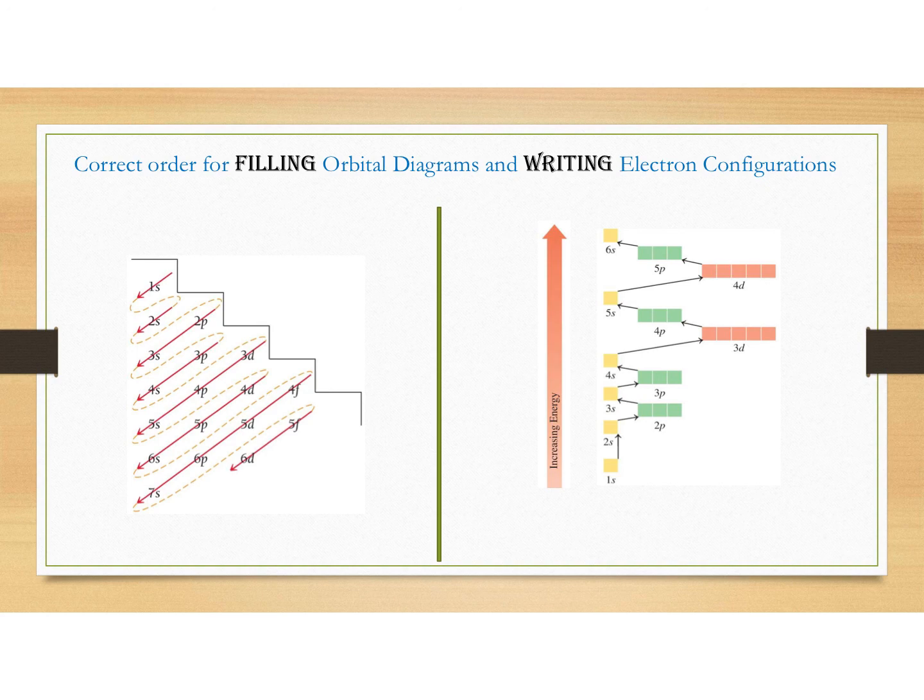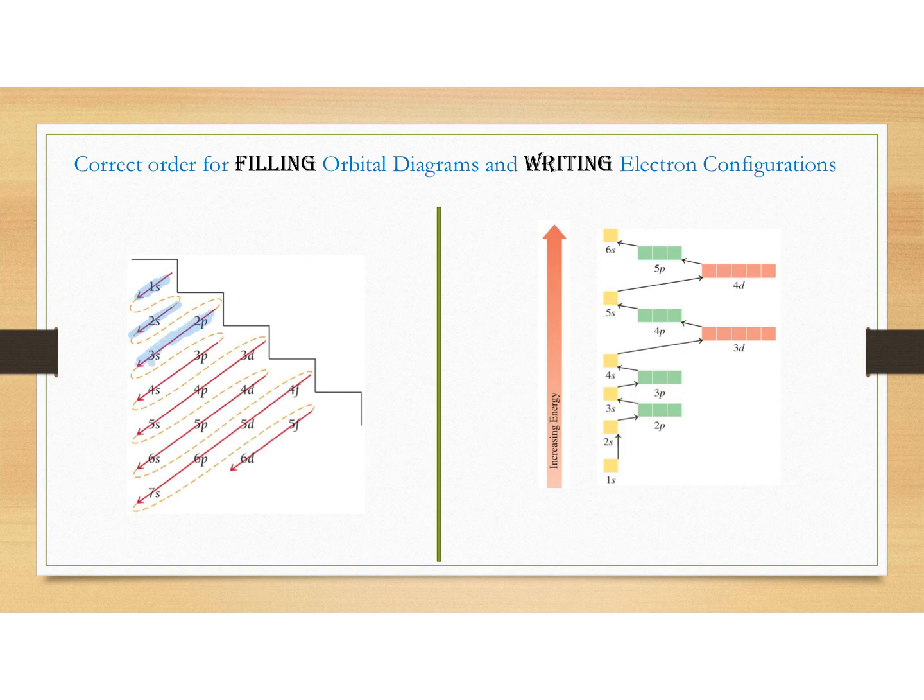Now, as the atoms get larger, we find that the correct order for filling these orbital diagrams and writing the electron configurations is in such a way. So in other words, when I'm writing or filling these, I must fill the 1s first, then the 2s, travel back up, then the 2p and the 3s.